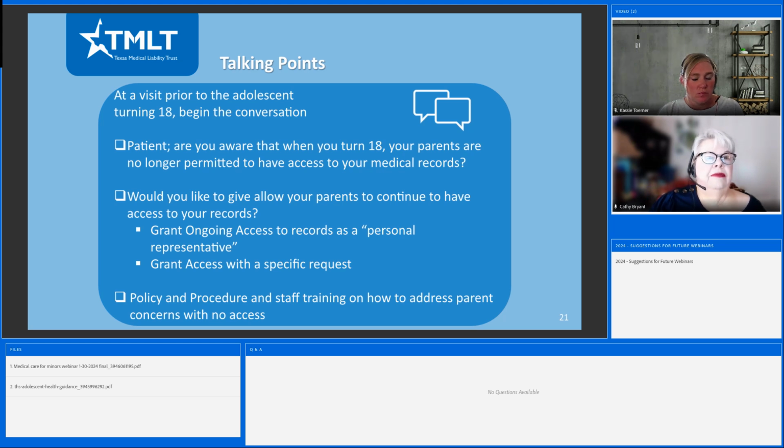You can have the now 18-year-old grant access to their parent as a personal representative, or they can, on a case by case basis, say, yes, it's okay for mom to get a copy of my MRI or whatever the particular medical record they would like.